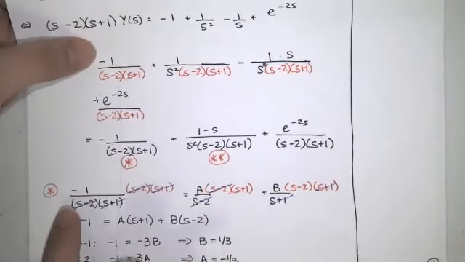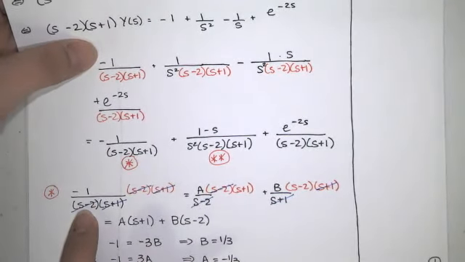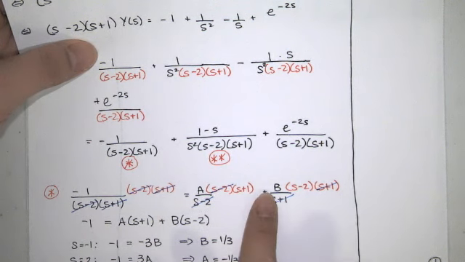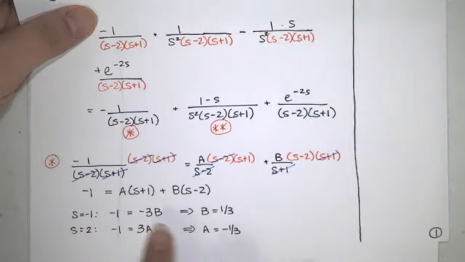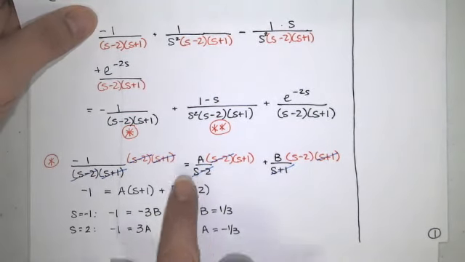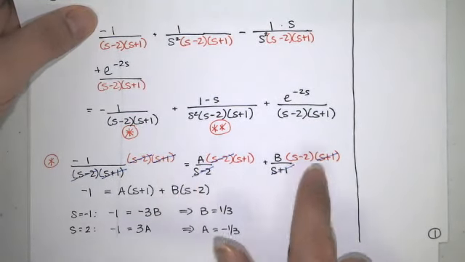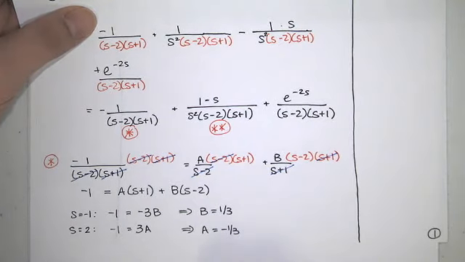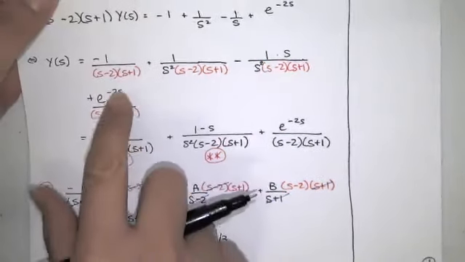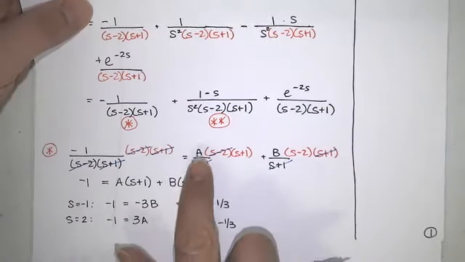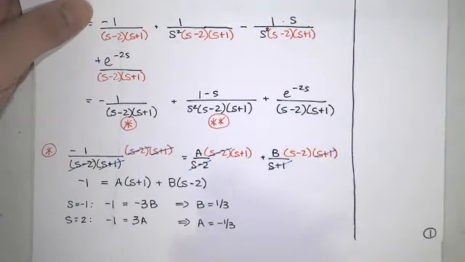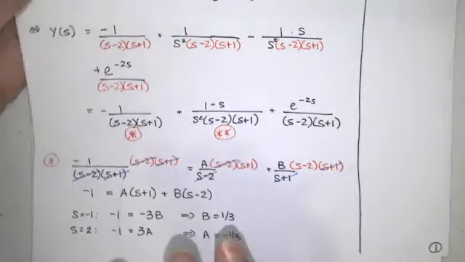Well, we have a decomposition for negative 1 over s minus 2 times s plus 1. It's this, where a equals negative 1/3 and b equals positive 1/3. If I multiply that by negative 1, I'd have a positive 1/3 here and a negative 1/3 here. So the partial fraction decomposition for the expression that's multiplying this e to the negative 2s is 1/3 over s minus 2 minus 1/3 over s plus 1.